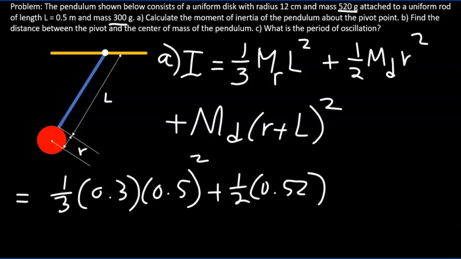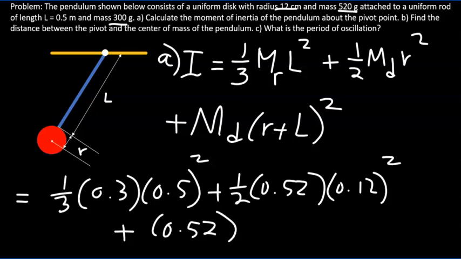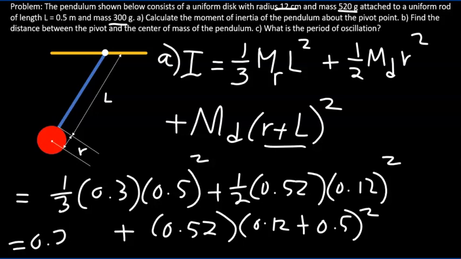The radius of that disk is 12 cm right there, so 0.12 meter squared, plus again the mass of the disk is 0.52 kg, and R plus L, R is 0.12 meter, L is 0.5 meter, squared. And that's going to give you 0.229 kg meter squared. So that is the answer for part A.